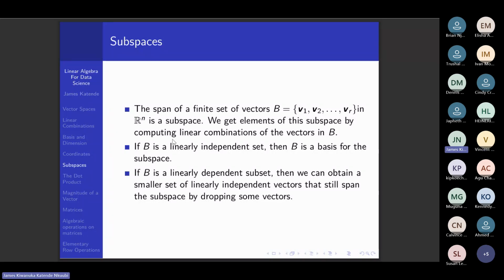In this case, we'll insist that we are working in Rn. The definition is general, it can work for any other vector space, but to get a span, you simply get elements of the subspace by computing all linear combinations of the given R vectors. So if you get the set of all linear combinations of these vectors, V1, V2 to VR, you will get the span.